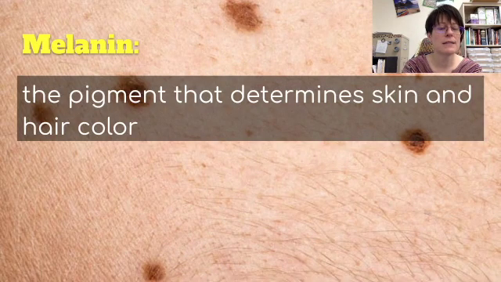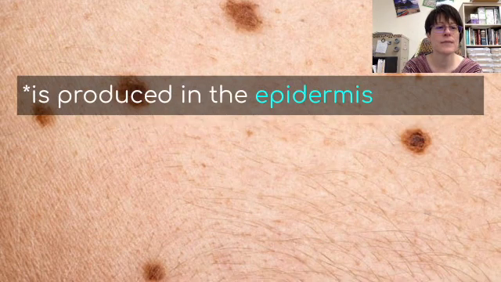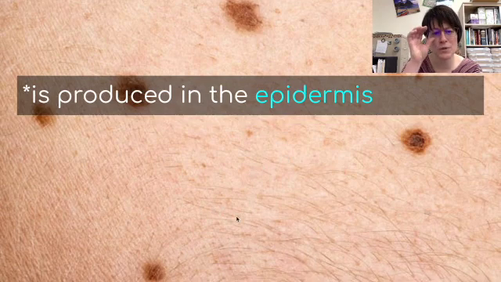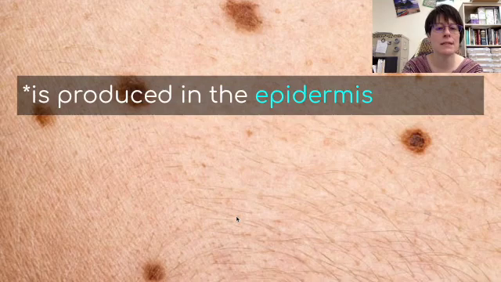There's also melanin in your skin. This is the pigment that determines skin and hair color, and it is produced by the epidermis. These moles here have more melanin in them than the rest of the skin around them. And the hair here is brown because it contains melanin.